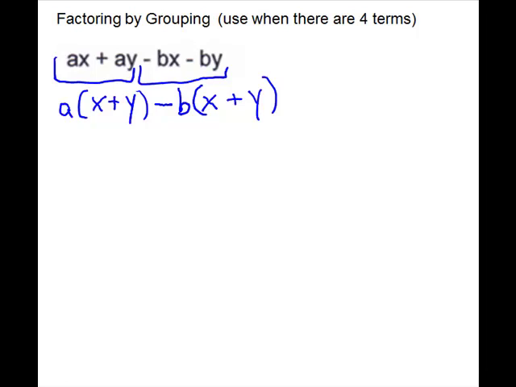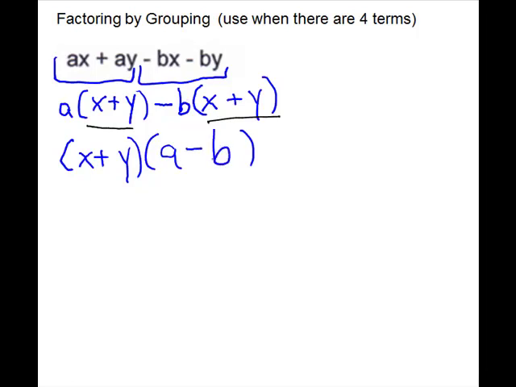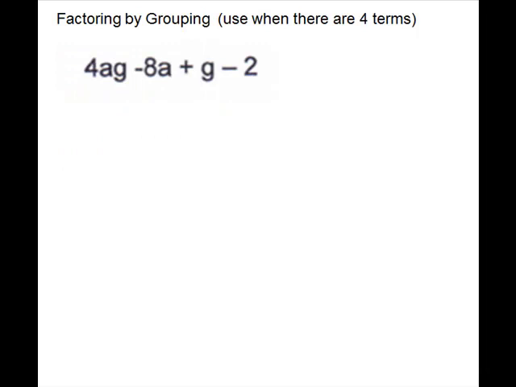So now we'll look at our whole problem and hope we have a common binomial, which we do. The X plus Y is common. That is our GCF. We'll take it out. To get back to that line, we are missing the A from the first term and the minus B from the second term.